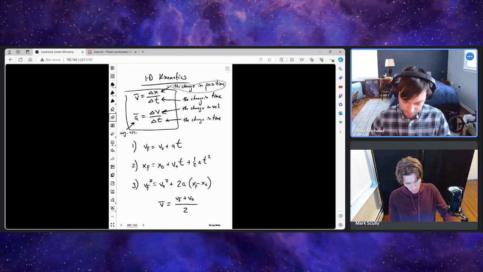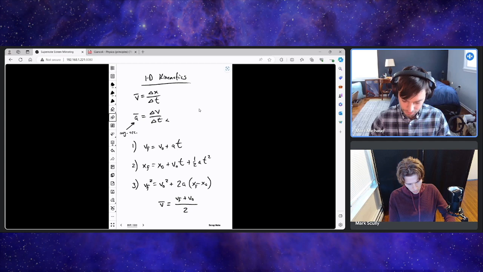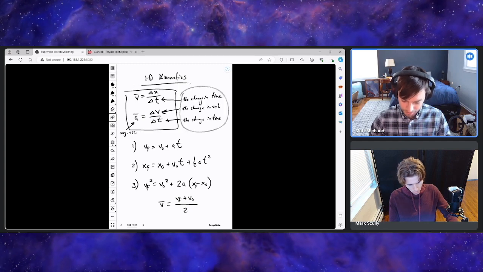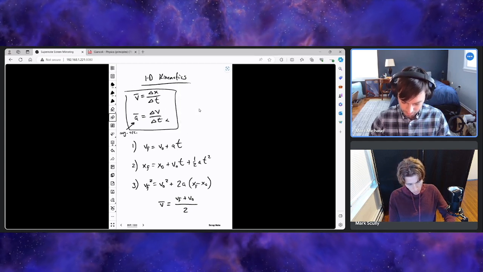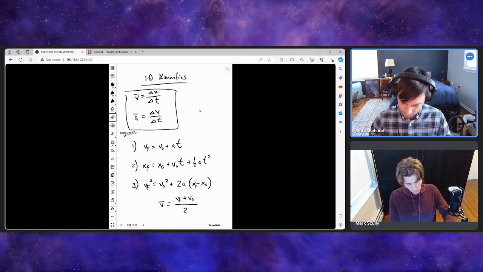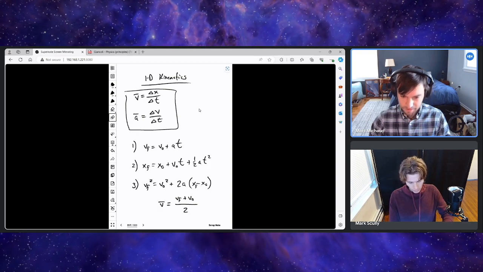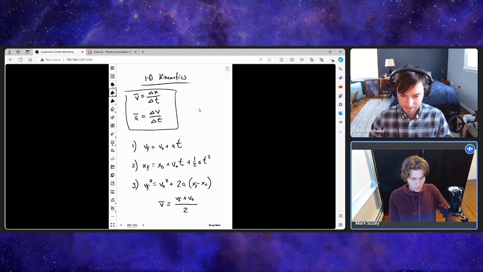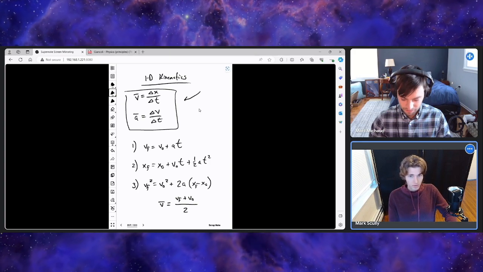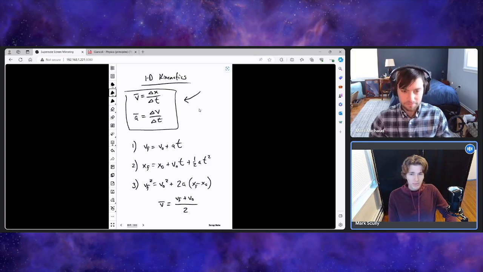Final position equals the initial position plus the initial velocity times time plus 1/2 acceleration times time squared. We're actually going to be stuck in these more basic equations up here for now. But actually, say that one more time.